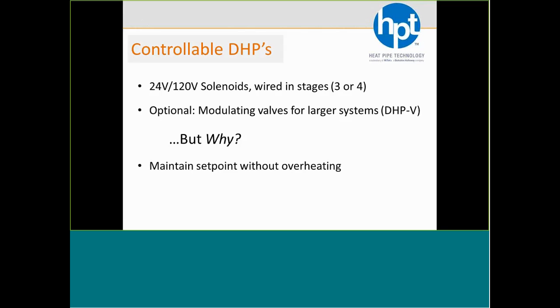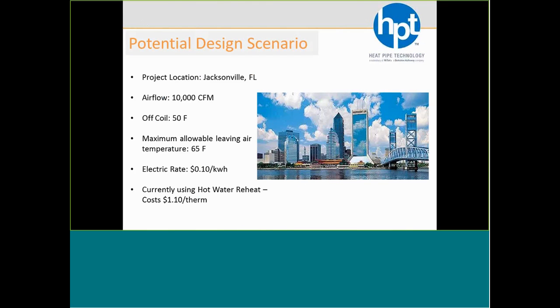If you don't have control valves, then you're just going to have too hot of air that you're going to have to do something else to overcome. But if you put control valves on it, then you can stage off a circuit to get that heat down, and if it's still too hot, stage off another circuit until you get it down to that set point that you need.